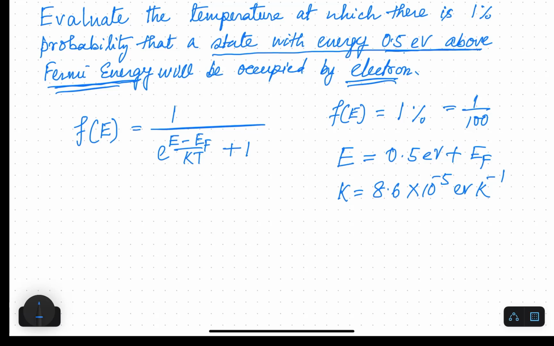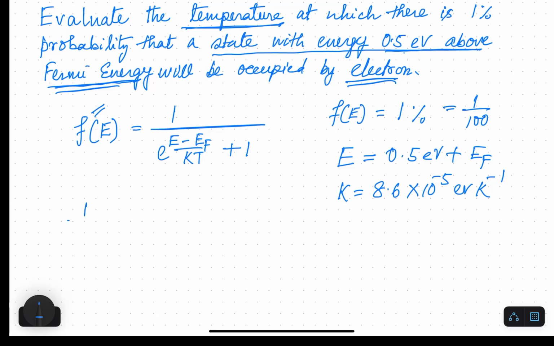So what do we have to find out? We have to find the temperature of the electrons present in the energy level 0.5 electron volt above Fermi energy. In this formula, we know the probability, the energy, and the Boltzmann constant, so we can calculate the temperature. Let us substitute these values.